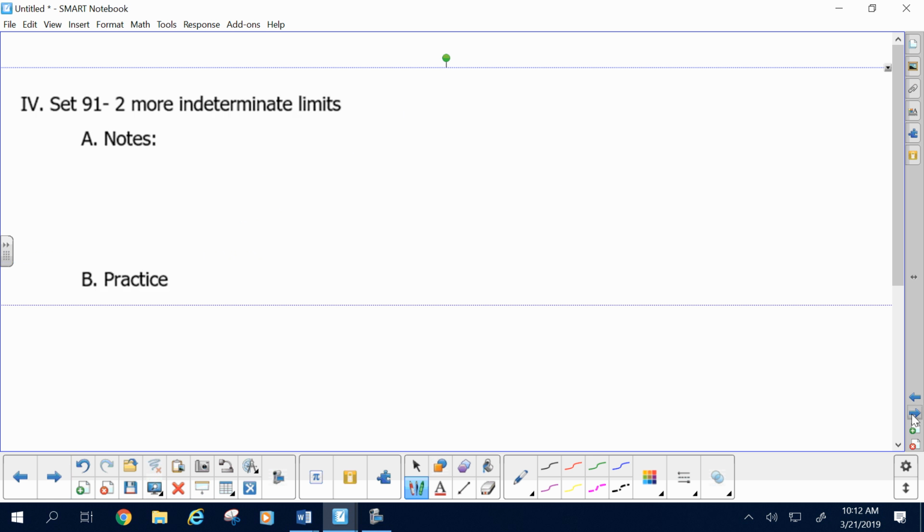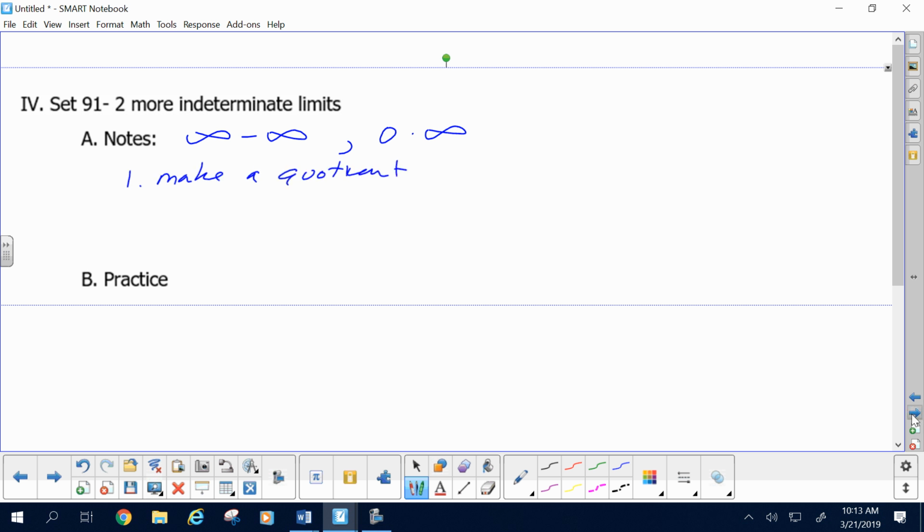Moving on to 91. The two indeterminate forms are infinity minus infinity and infinity times 0. If you say infinity times 0 is 0, you wasted your time because you'll get 0 on that question. You don't know anything. Okay? Those are indeterminate forms. The first thing you do is make it a quotient.